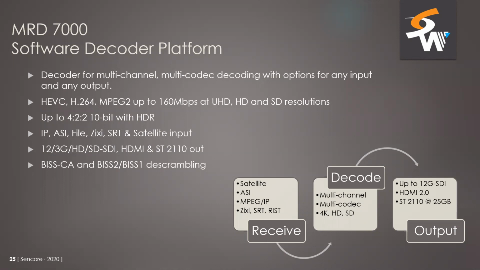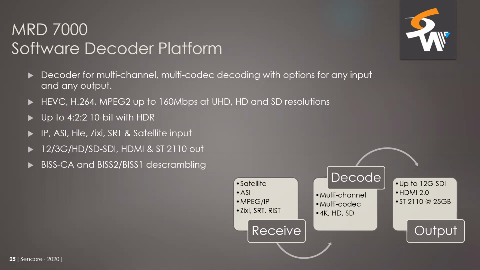And since then, we've had additional applications in distribution where we need to have a flexible platform and do multiple channels of decoding in a single platform. So this MRD 7000 is really the Swiss Army knife of the Sencore decoder lineup here.